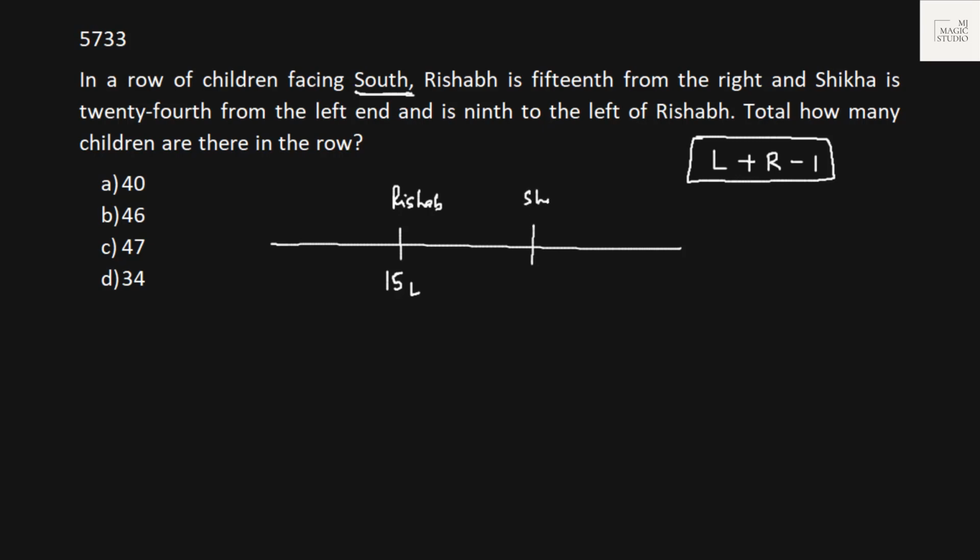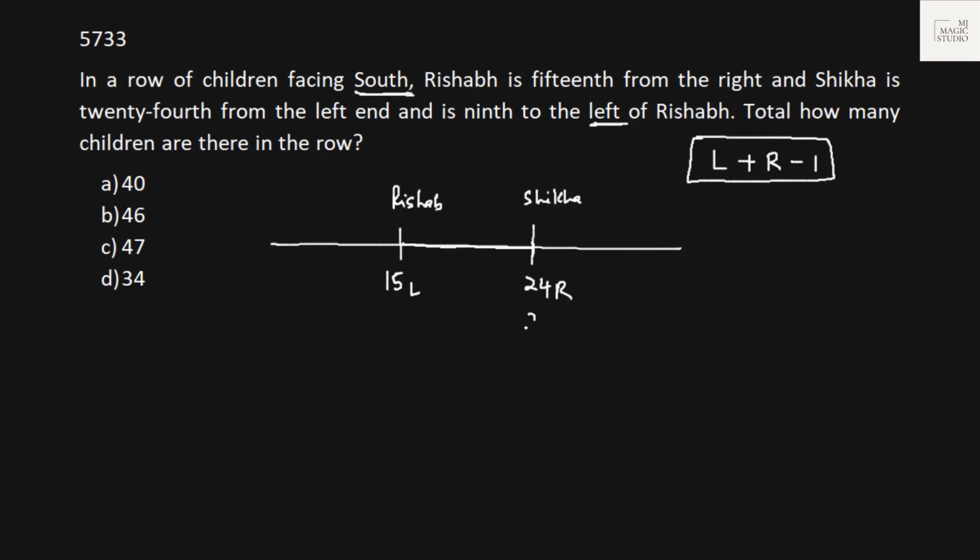That means Shikha is 24th from the right. And Shikha is 9th to the left of Rishabh. That means Shikha is 9th to the right of Rishabh. If I am looking from here, 15 plus 9 is 24.